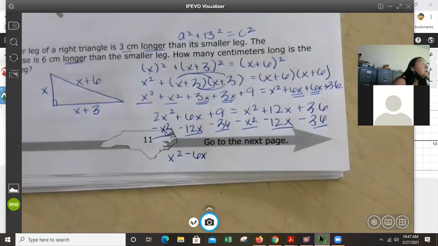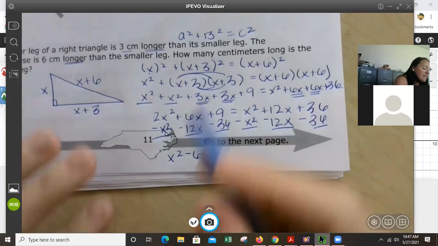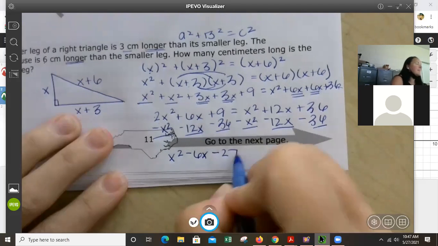How much? Yeah, not quite 26. Count it backwards. 36, 35, 34, 33, 32, 31, 30, 29, 28, 27. And the bigger one is negative, so we're going to leave it negative.